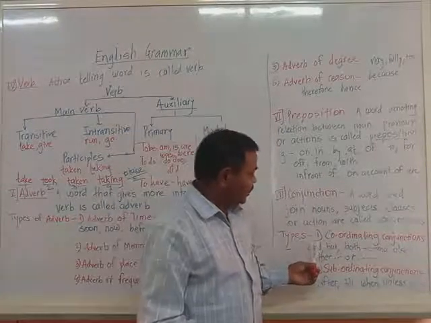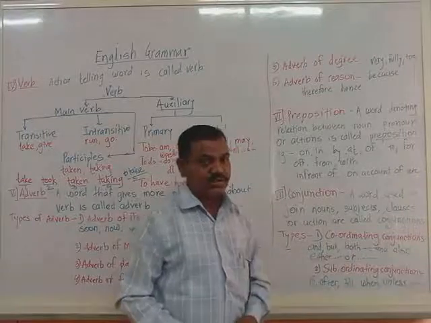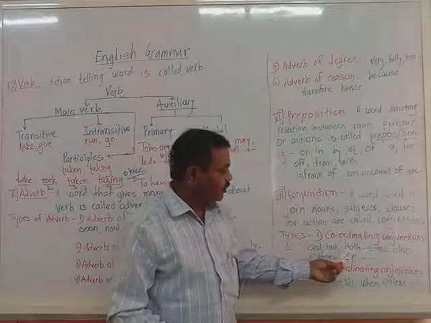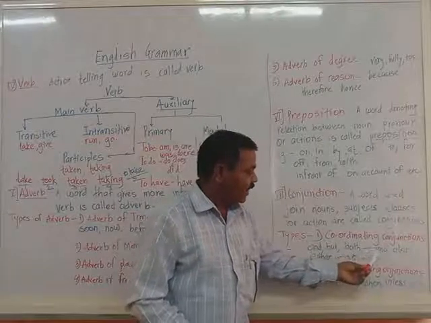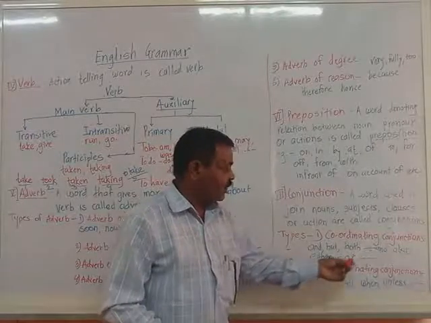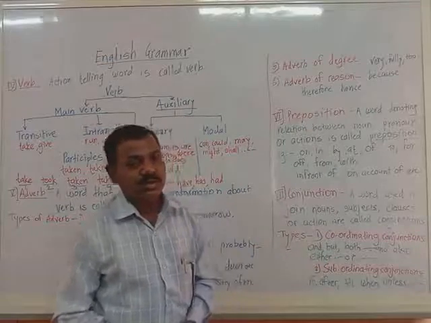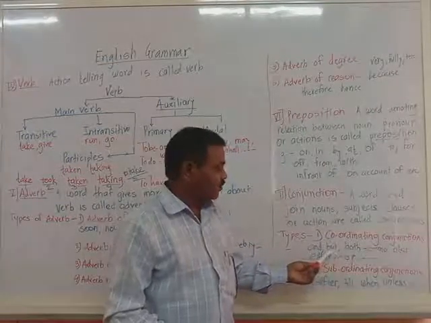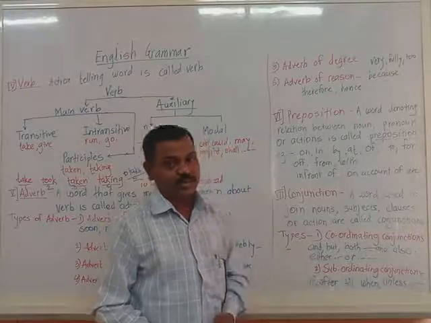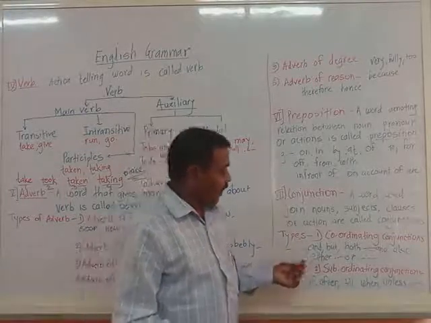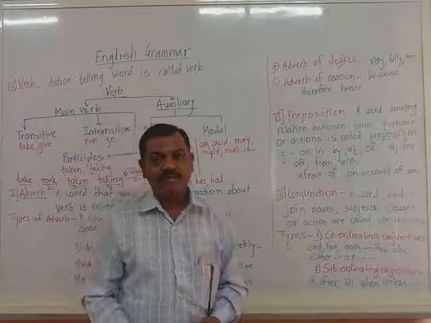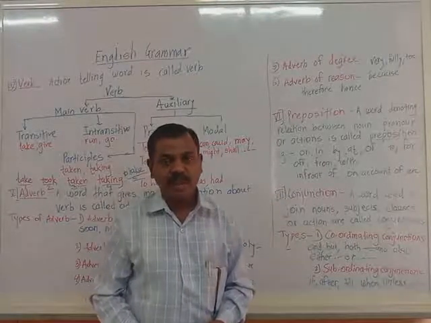Their types are given there. First type, coordinating conjunctions: and, but, both and, also, either or. Such conjunctions are known as coordinating conjunctions, because they combine two subjects or two independent parts. Suppose I say and: I called my friend and he looked back.